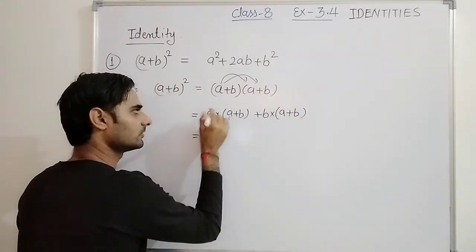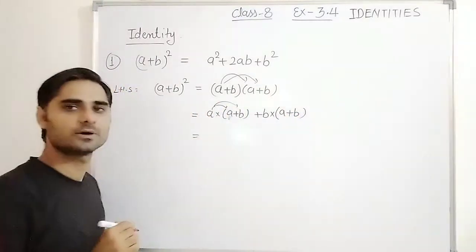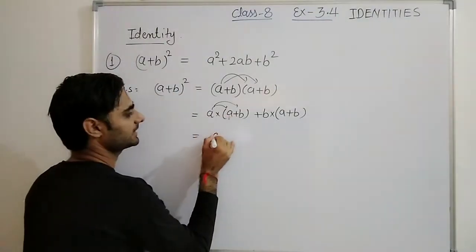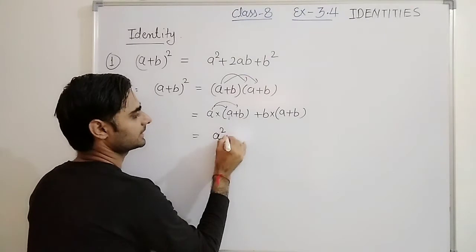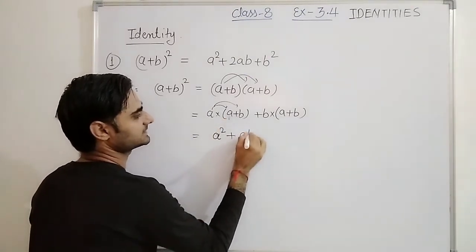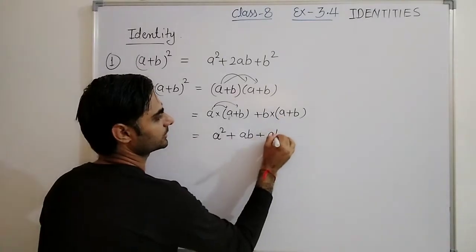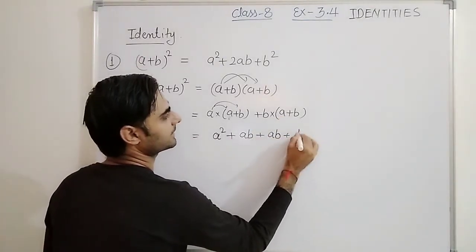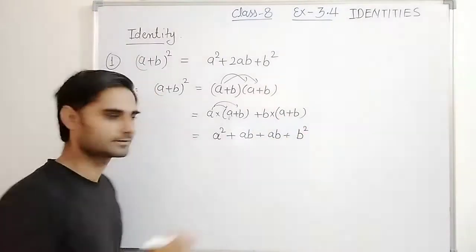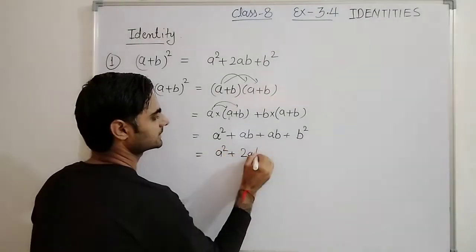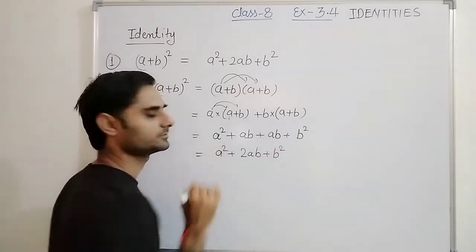Now these will be multiplied one by one by the distributive property. So a multiplied by a is equal to a square, plus a multiplied by b is equal to ab. Then a multiplied by b is equal to ab, plus b multiplied by b is equal to b square, right? So this will be equal to a square plus 2ab plus b square.